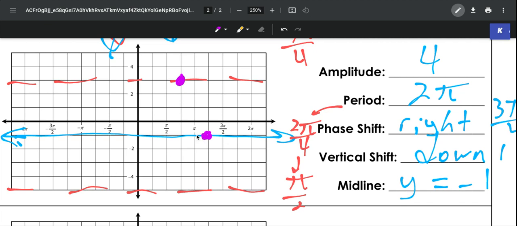Then we're going to keep going down, all the way down to the bottom of our amplitude. So we're going to go down and over pi over 2 units again, and that would be right here. And then we would go back up to the new midline, or the new horizontal axis, and then we would go over pi over 2. So it would look like this.